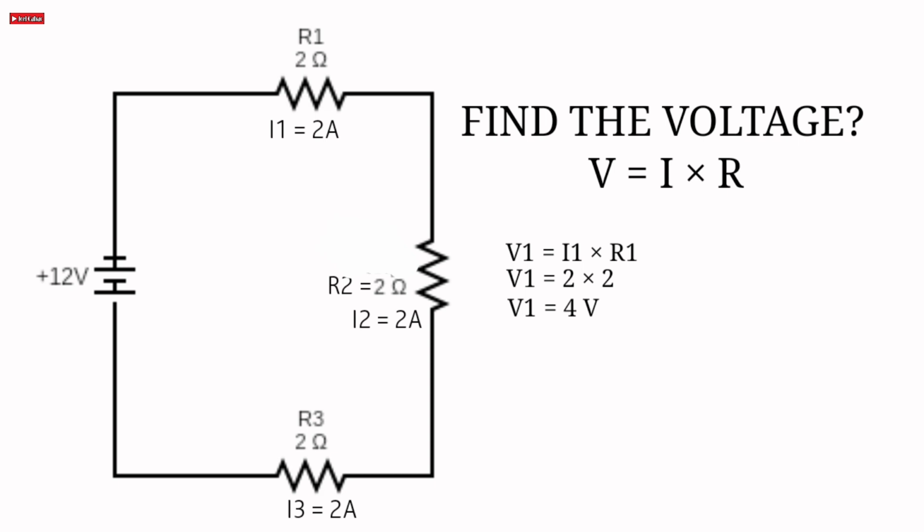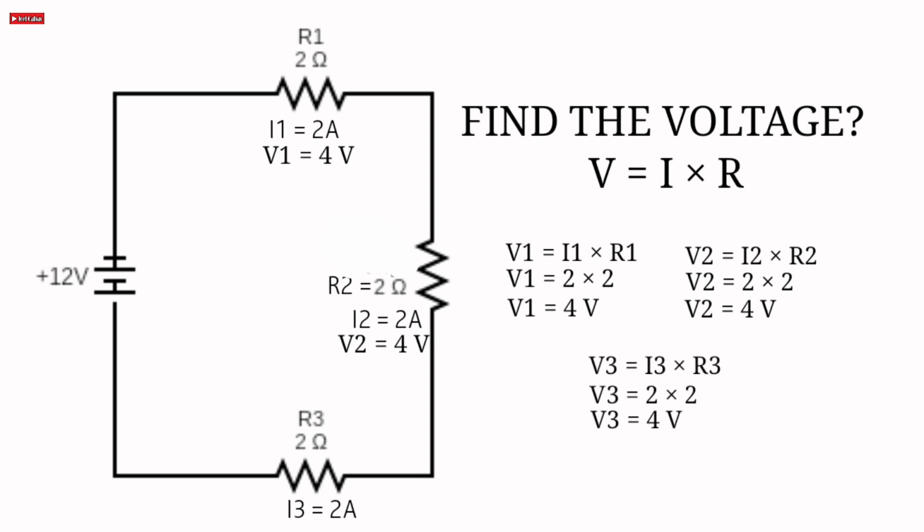By substituting the current and the resistance, 2 amperes times 2 ohms is equivalent to 4 volts. For V2, I2 times R2 is equivalent to 4 volts. For V3, I3 times R3 is equal to 4 volts. When you add the 3 voltage drops, V1 plus V2 plus V3 is equivalent to 12 volts.